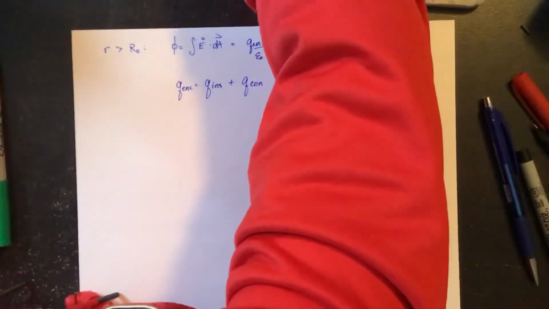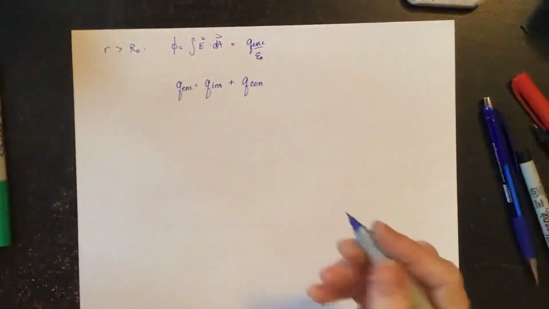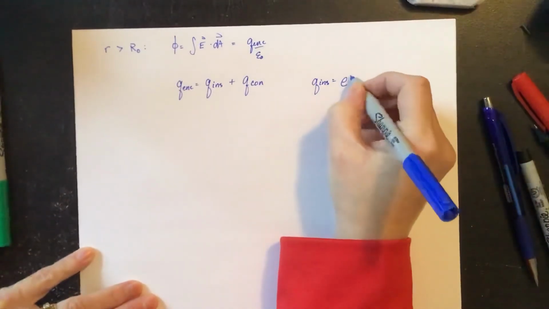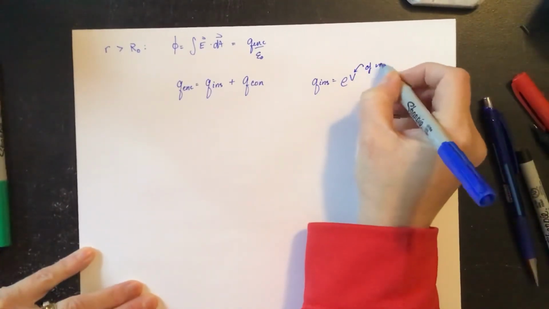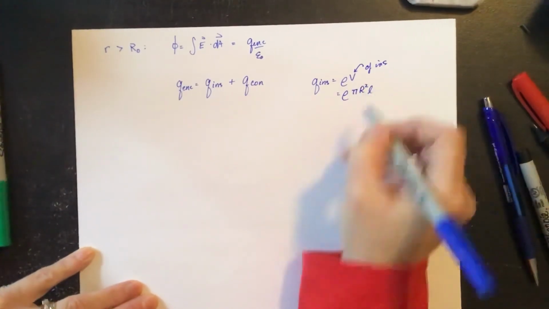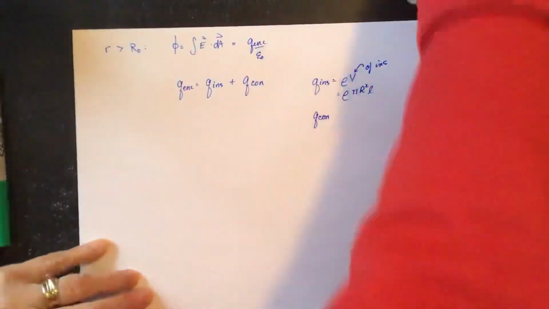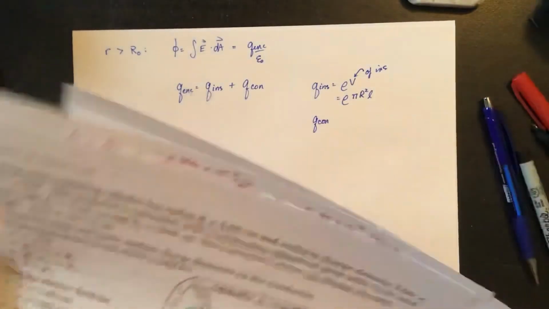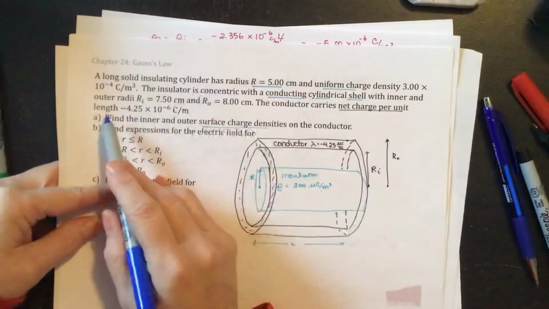Okay, so how are we going to find the charge on the insulator? That's just going to be density times volume of the insulator. So that's density times pi r squared L. Charge on the conductor is also going to be density times a size dimension, but let's look at what density we're given for the conductor. The conductor carries a net charge per unit length.